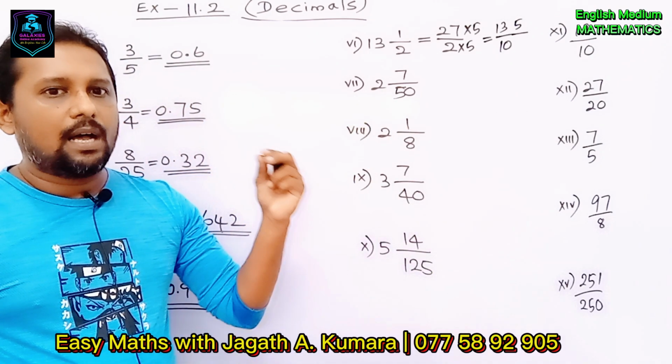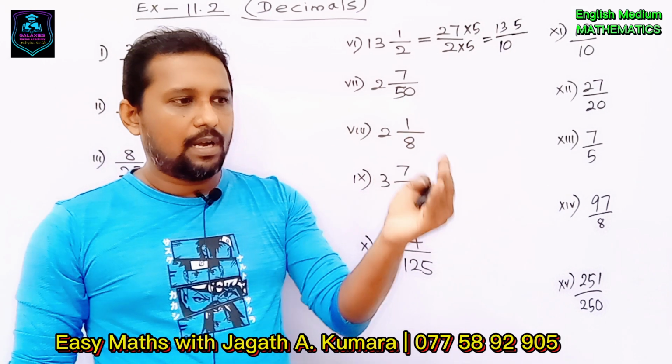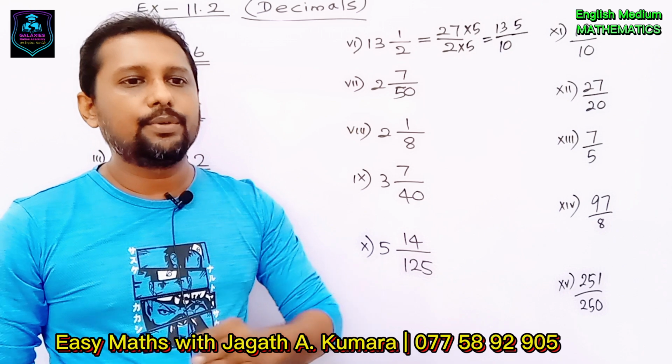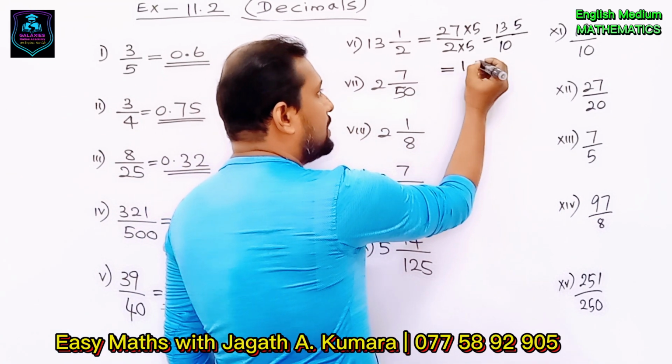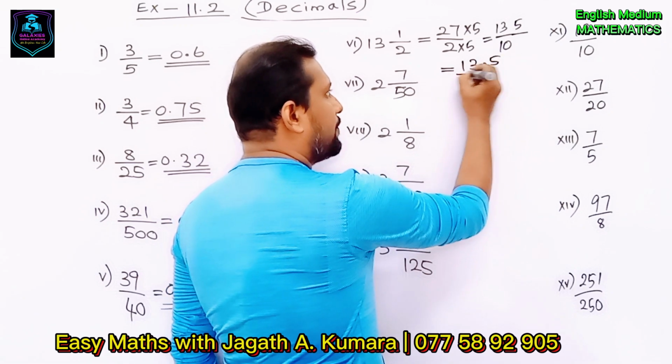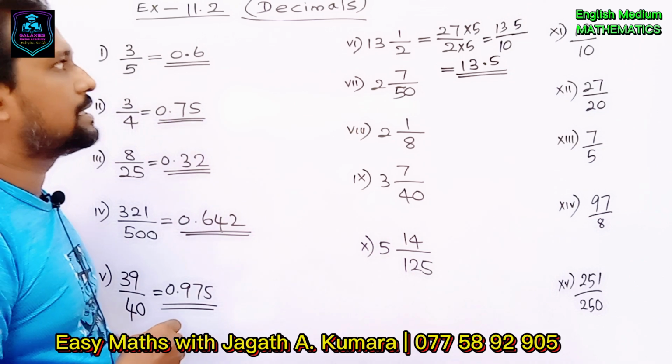Then your answer should be 13.5. That means before the last digit you have to keep the decimal point. So the sixth one's answer is 13.5.